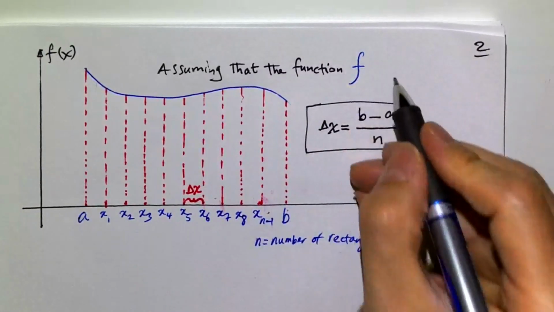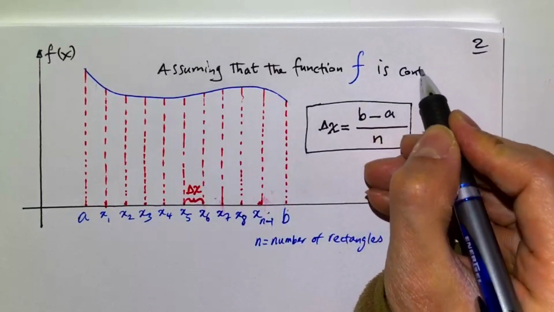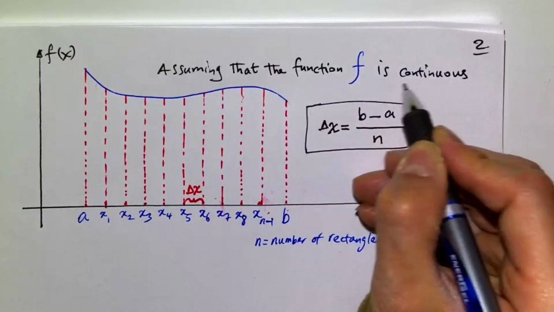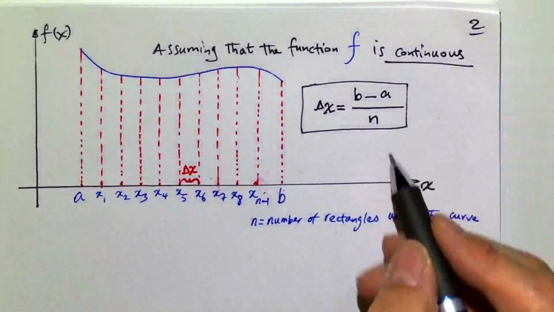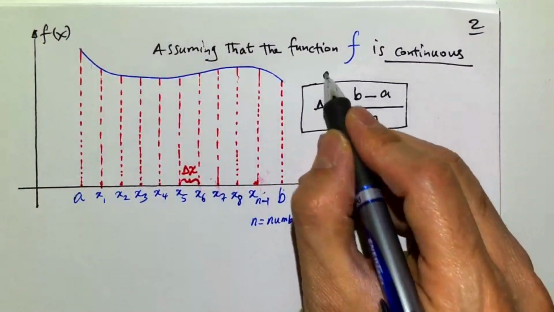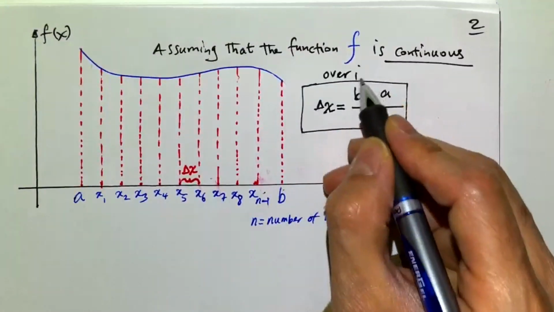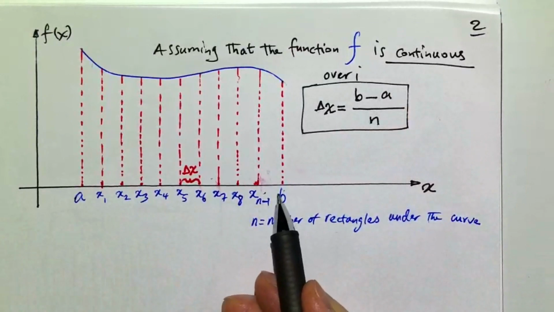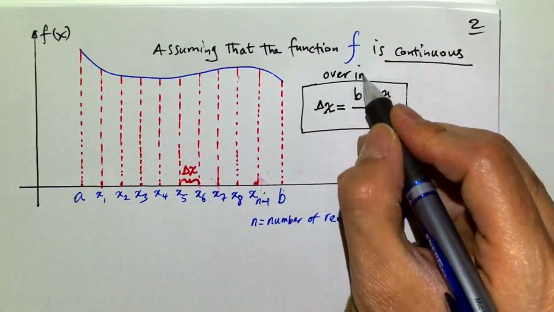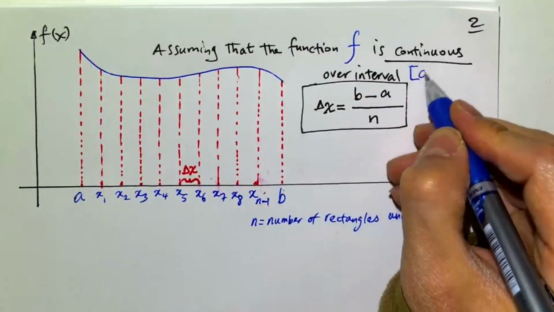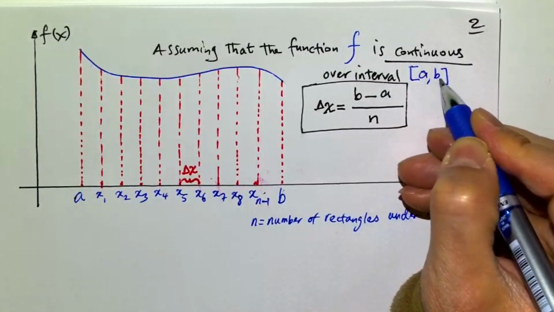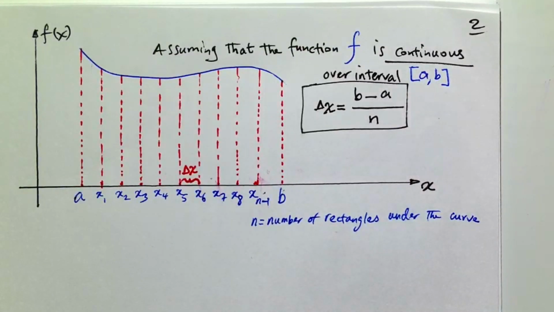Function f is continuous. This is a very important assumption for this method to work. Okay. And this is continuous over, of course, the interval under discussion from A to B, over interval A to B.